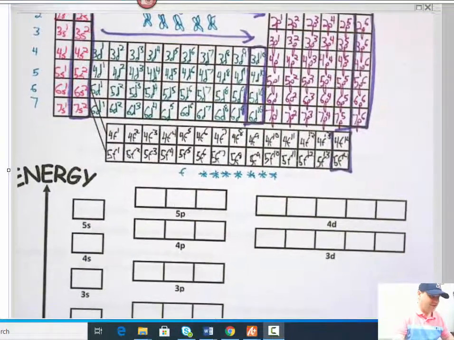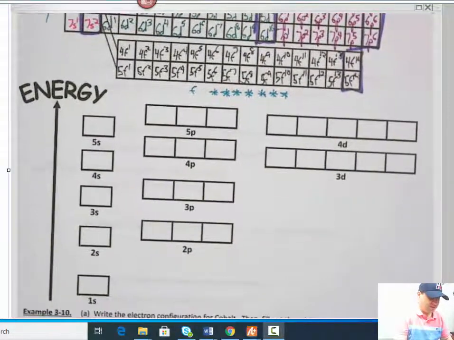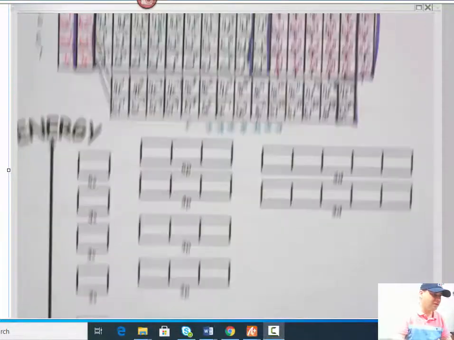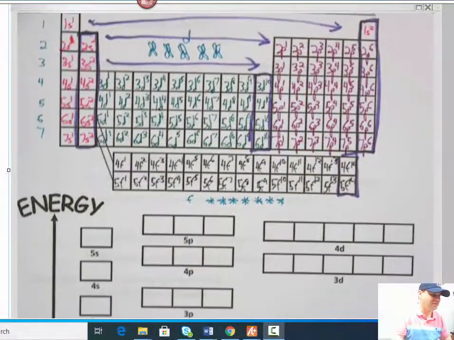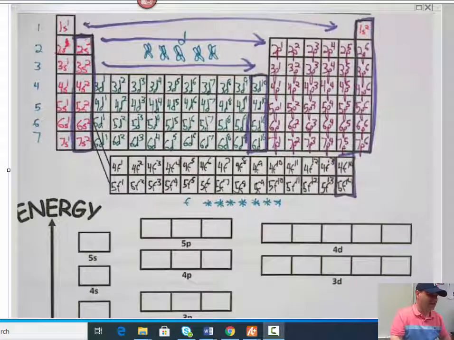Okay, so here we go. We are going to do the electron configuration for cobalt. I'm going to do it somewhere where you can see the periodic table.